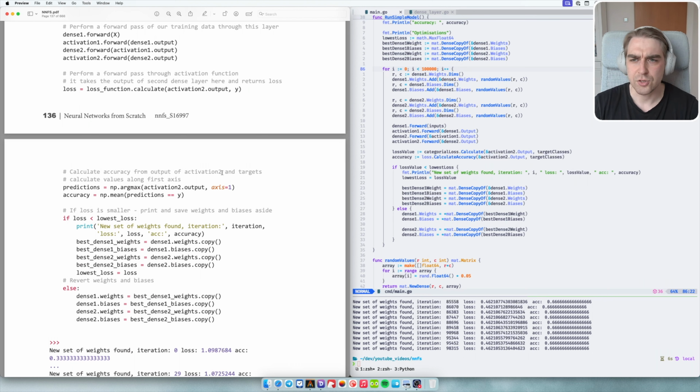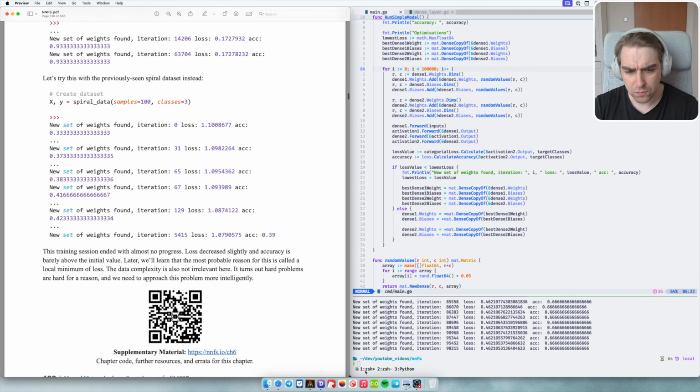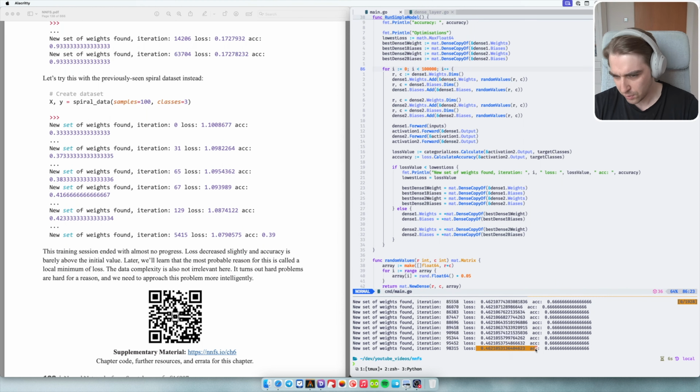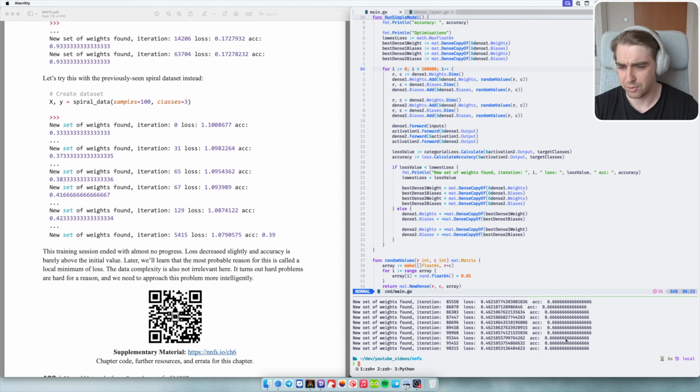Then we tried to randomly shift params a little bit, and after like 100,000 iterations, we still are not that good. We can see that the loss is changing, but the accuracy is not.